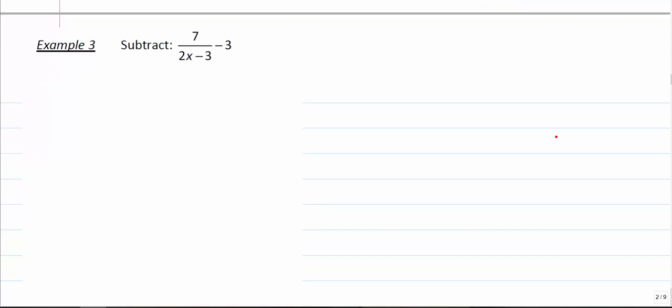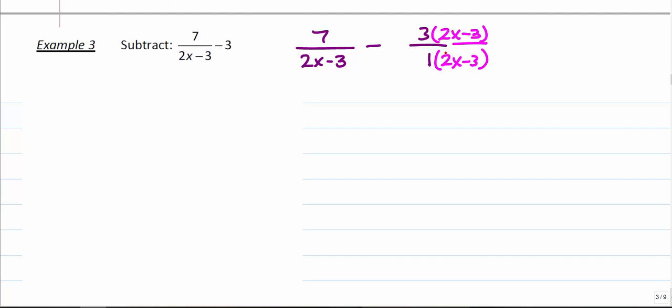When you're subtracting or adding fractions and whole numbers together, it's a lot easier because if you remember, this whole number of 3 has a denominator of 1. And so in order to make these fractions have the same denominator, this whole number needs a denominator of 2x minus 3, right? So now the denominators are the same because that number 1 is just, I could put a 1 over here, it won't change anything.